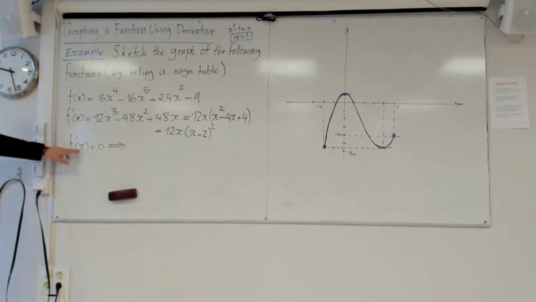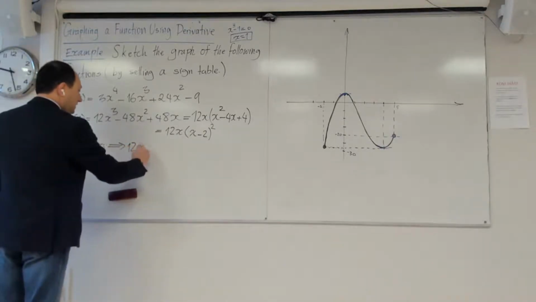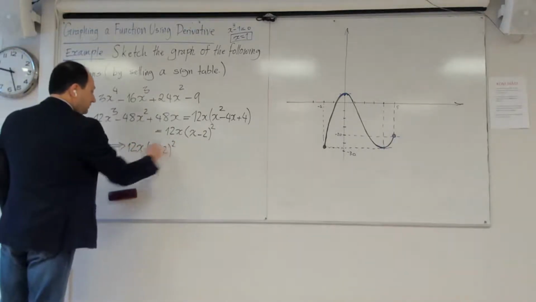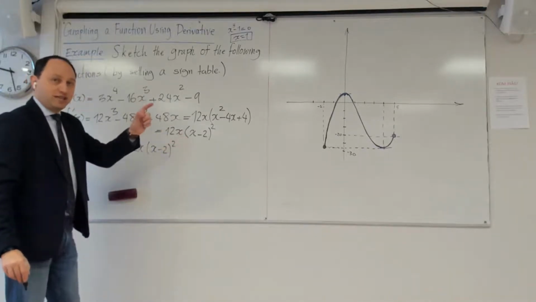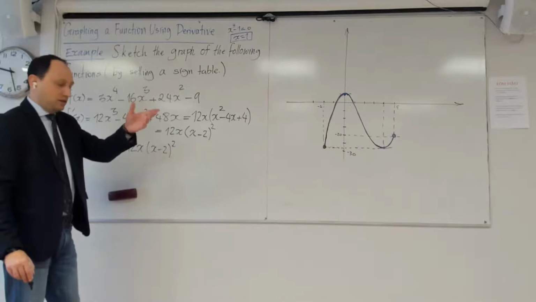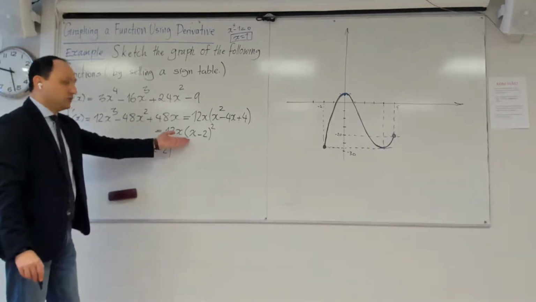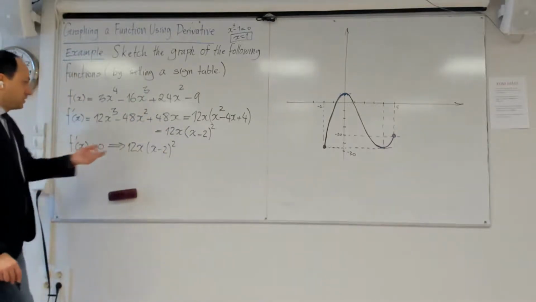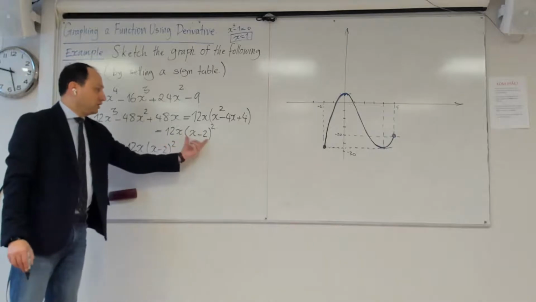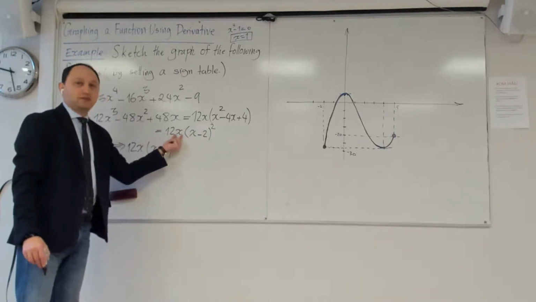Now it is easy. If I put this equal to 0, it means 12x times x minus 2 to the power of 2. Whenever you factorize, it is very helpful for the step where I determine the sign using a random number. If I have it in this form, I don't even need to check the random numbers, especially with an even power. This part is positive, so the sign only depends on the value of x.